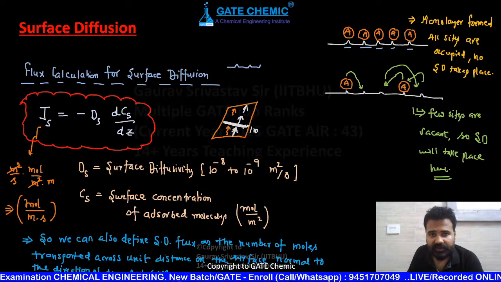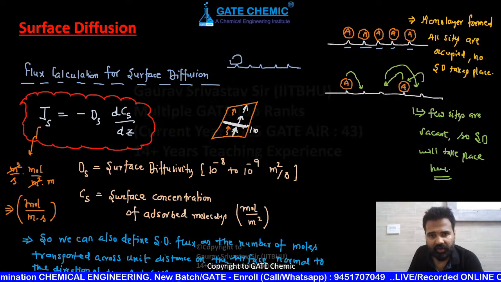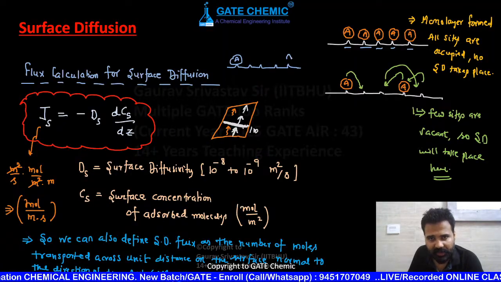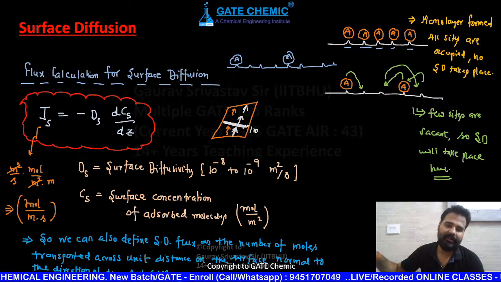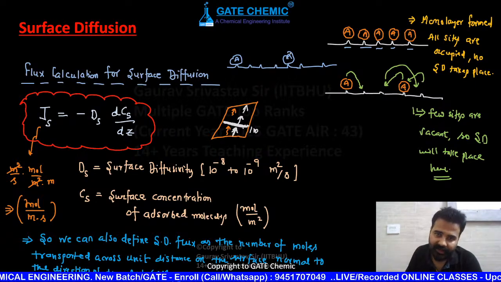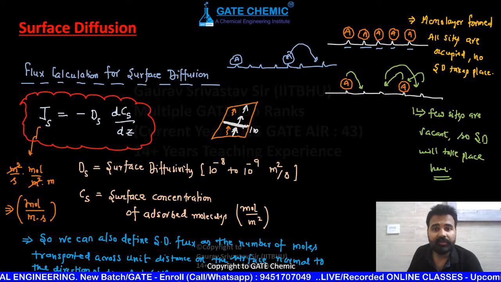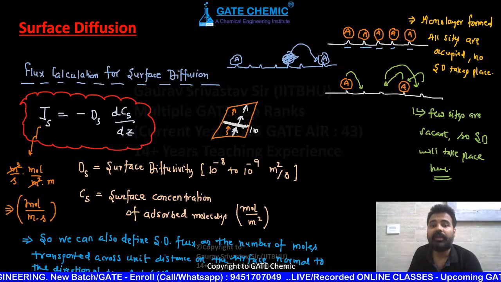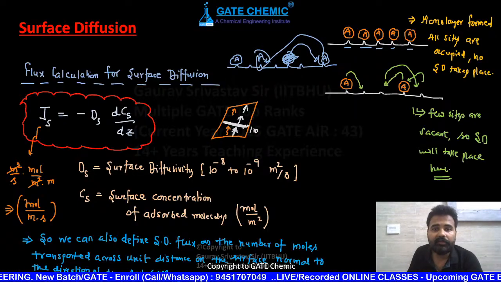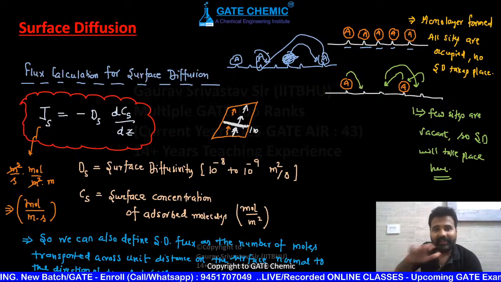But if A is here only and one more A is here, and many sites are still vacant, then this A can jump from this site to this. Earlier it was here, now it came and sat here. This is known as surface diffusion.